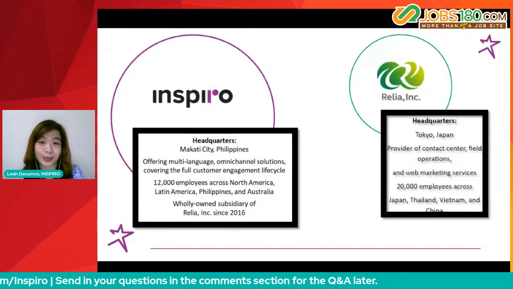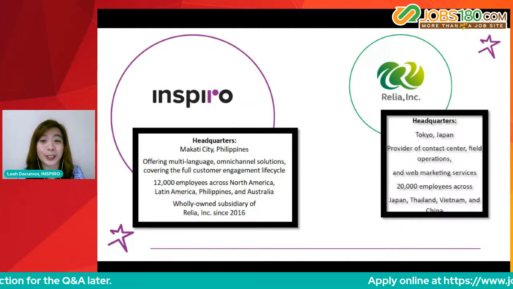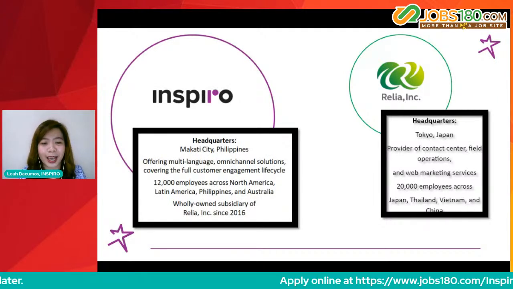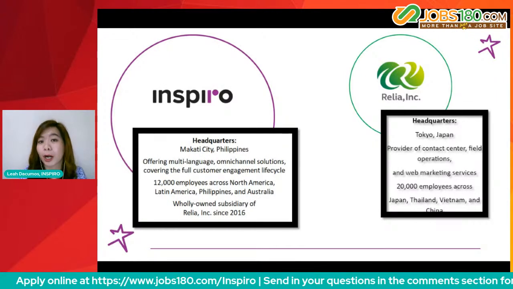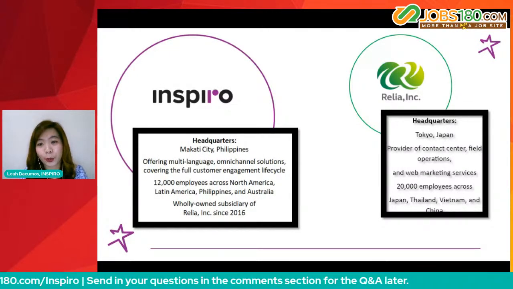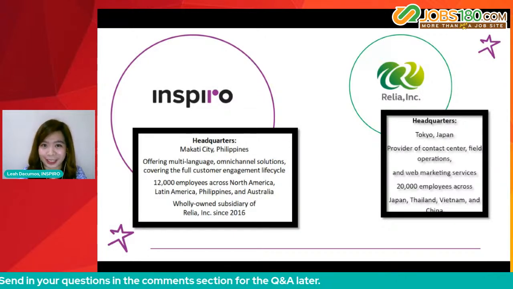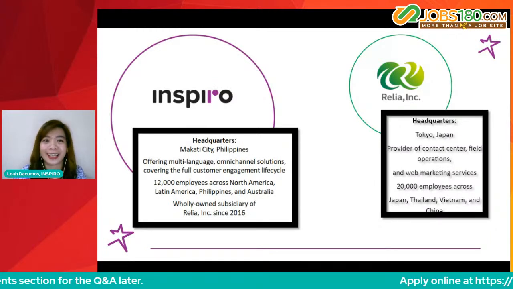And I would like to introduce to you our parent company, which is Relaya. Now, Relaya is located in Tokyo, Japan. And Relaya is the provider of contact center, field operations, and also web marketing services. Now, Relaya has 20,000 employees across Japan, Thailand, Vietnam, and even China.